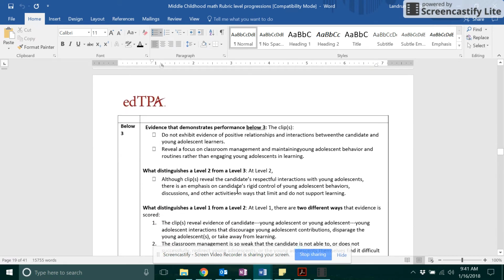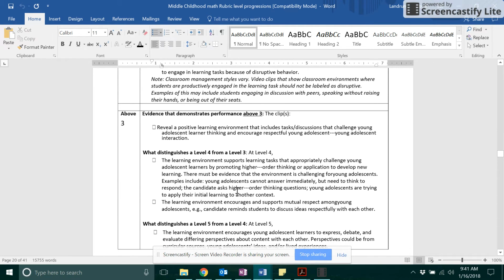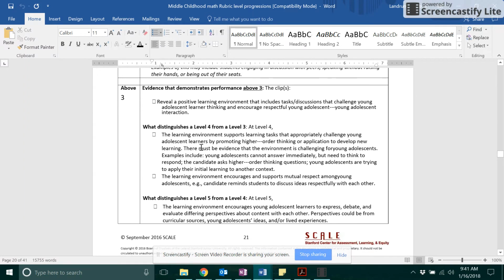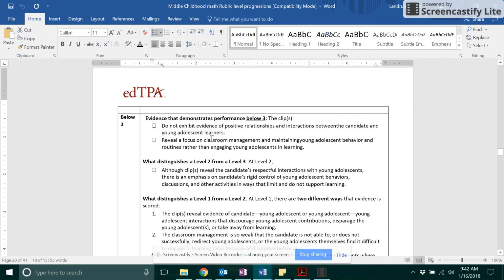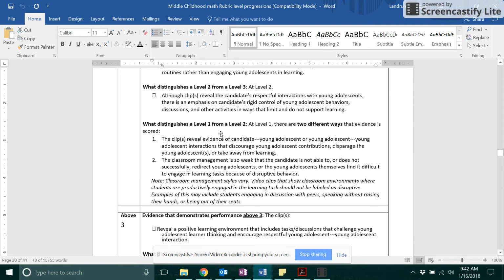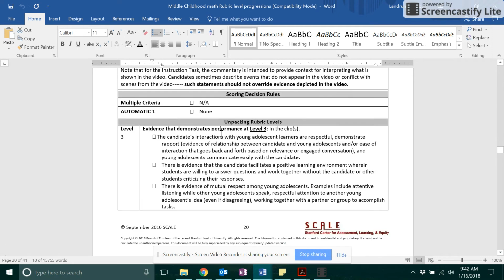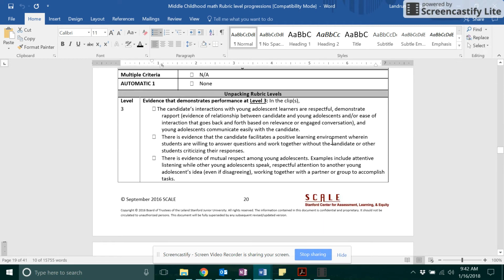It actually goes down to level 4, so you might even say the learning environment encourages and supports mutual respect among adolescents, and the candidate reminds students to discuss their ideas respectfully. That's saying the same thing, right? I know that's there already because I've already gone through these. And when I did this, I probably first typed this out at level 3.